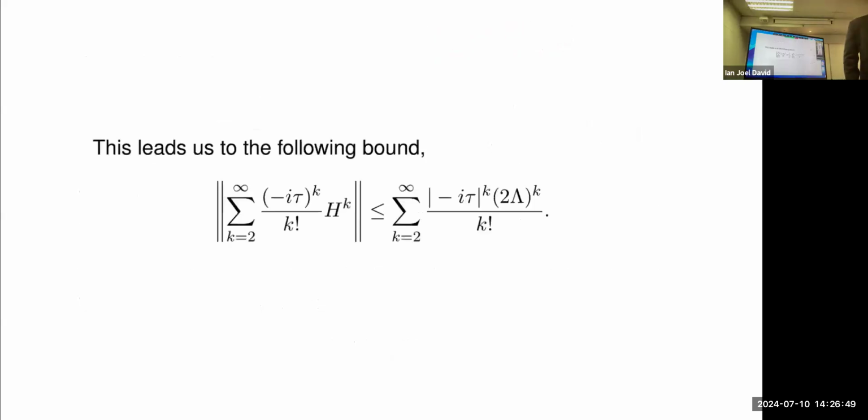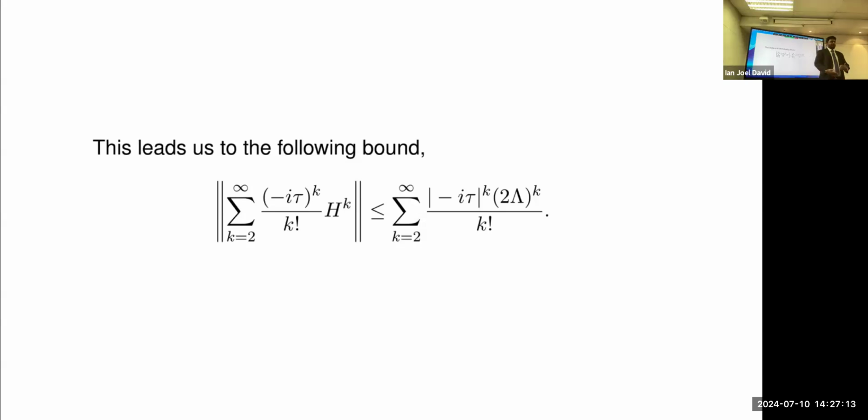And once we plug this bound into the expression above, we arrive at the following bound for the first term, okay? And this is nothing too complicated. It's straightforward, and what we have here now is only scalar numbers in the sum. There are no longer any operators, and this is what we expect because the norm, as we've said, is a number.